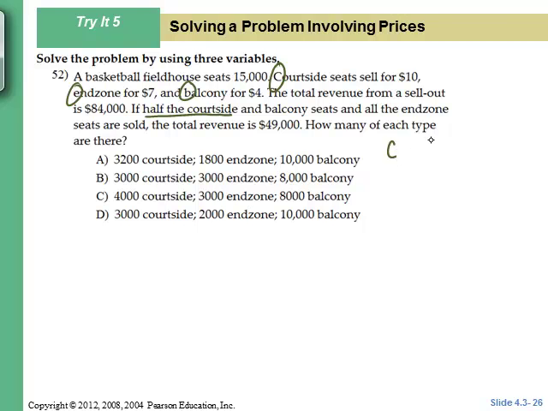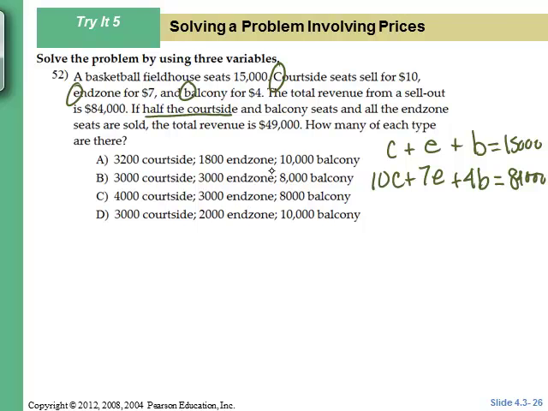So courtside plus end zone plus balcony is 15,000. The total revenue from a sellout is 84,000. So 10 courtside plus 7 end zone plus 4 balcony is 84,000.